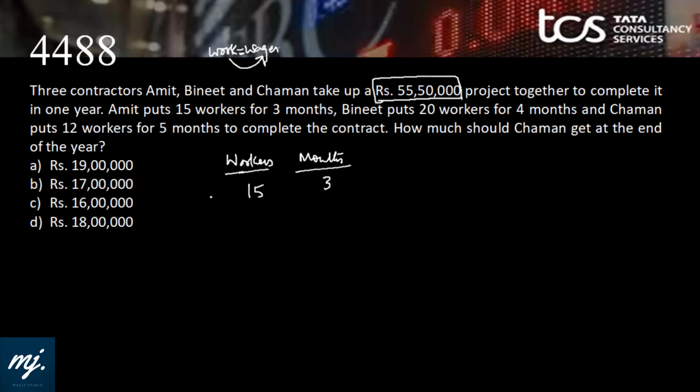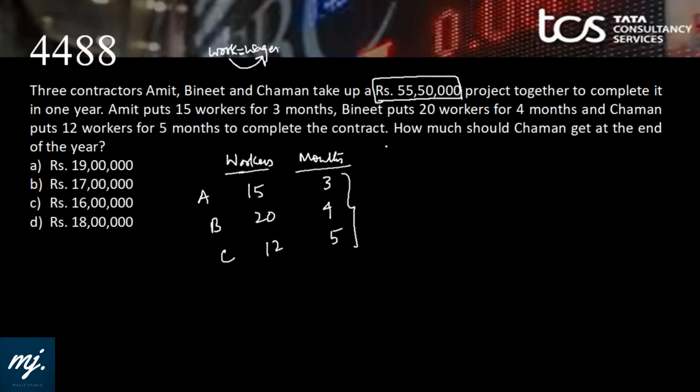Vineet puts 20 workers for 4 months, and Chaman puts 12 workers for 5 months. We can see that this is 1 year done. How much should Chaman get at the end of the year?